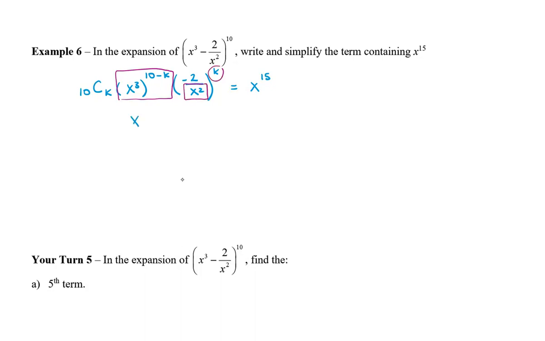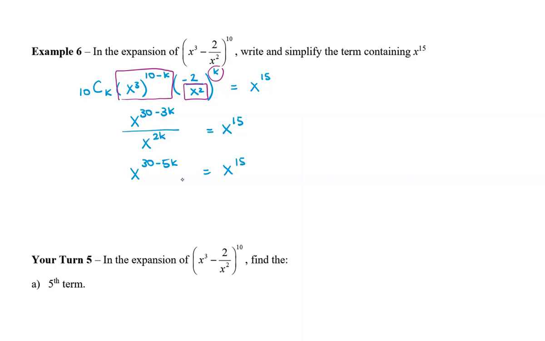Here we have x to the power of 30 minus 3k. The x squared is in the denominator, so I'll write it in the denominator, and it's to the power of k, so this will be x to the power of 2k, and this equals x to the 15. Using my exponent rules on the left side, I get x to the power of 30 minus 5k, because we subtract the exponents when dividing, equals x to the 15.